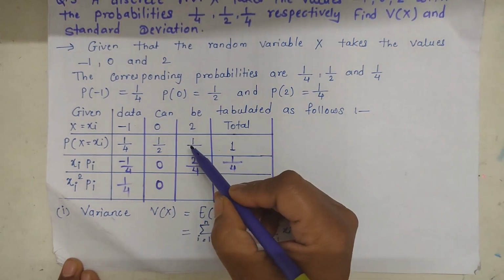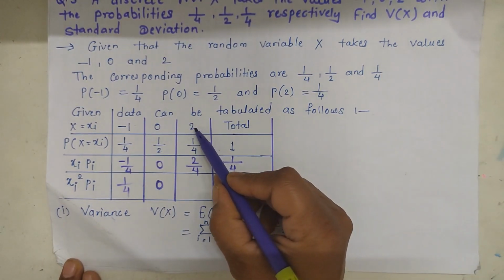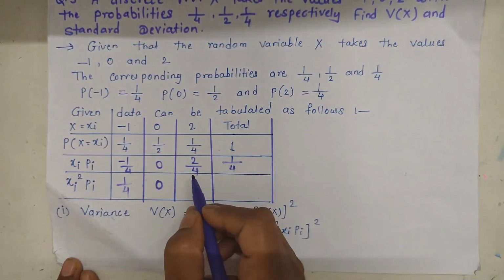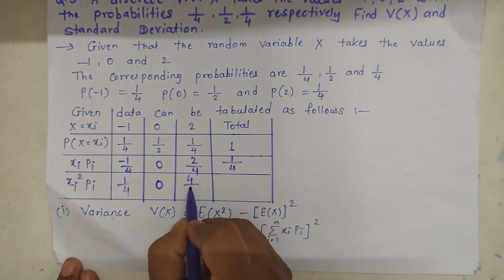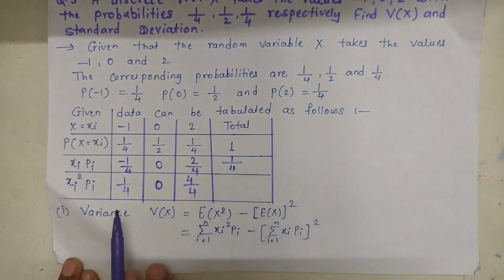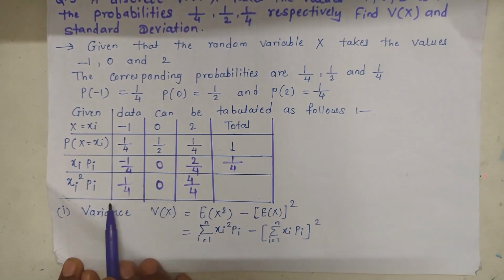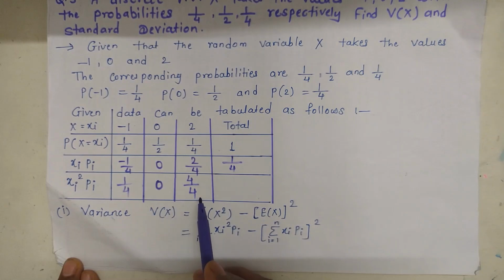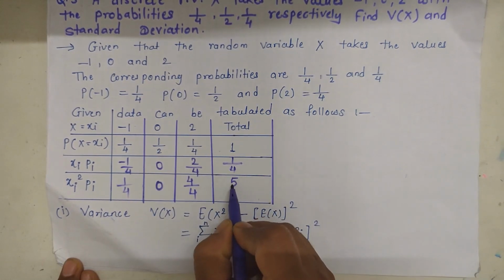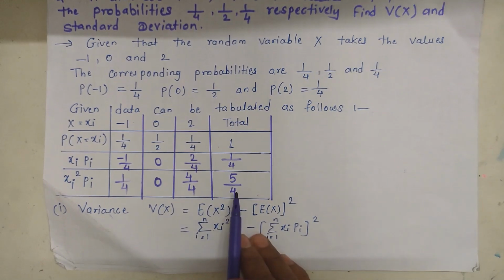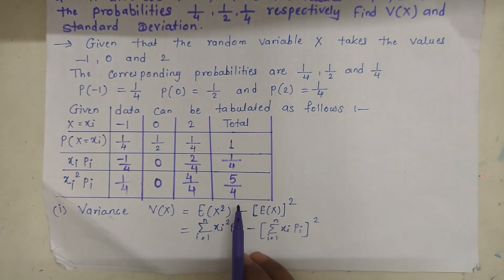Third product, 2 square is equal to 4, into the corresponding probability 1/4, is 4/4. And in the last row, we write the summation of all xi square into pi, that is 1/4 plus 4/4, which is 5/4. So the summation of xi square pi is equal to 5/4.